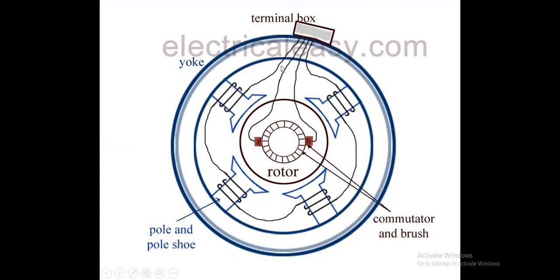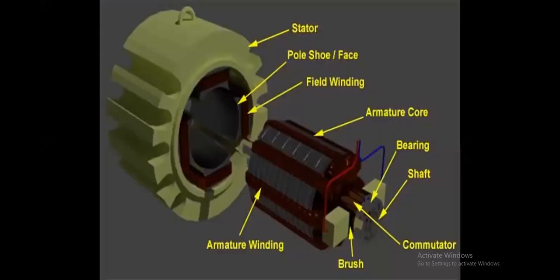The reason is two wires, positive and negative, for field coil supply, and two wires, positive and negative, for armature coil supply. This is the rotor, also known as the DC armature, and these are the field windings, the field part. These are the two sets on which the DC motor acts or rotates.